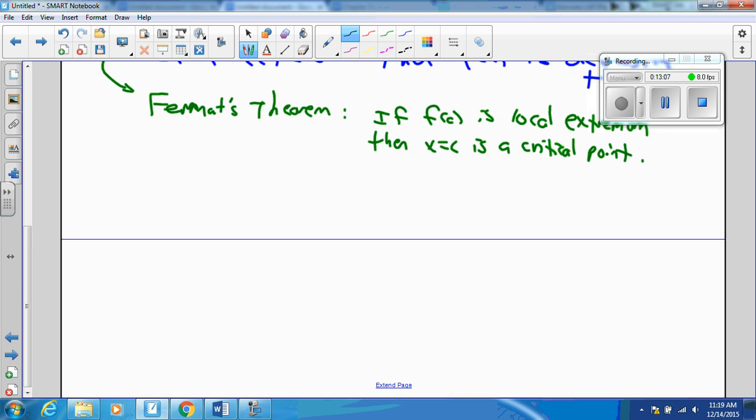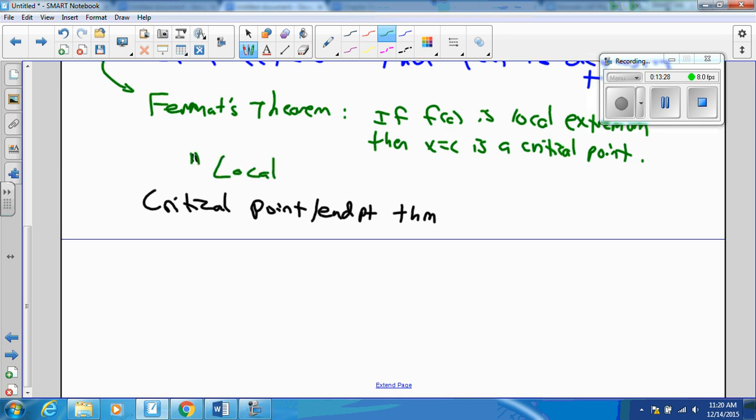From Fermat's theorem, we proved our, we didn't give it a name, but I think we ought to probably give it a name. Let's call it our critical point endpoint theorem. The slogan for Fermat's theorem was, local extrema only occur at critical points.